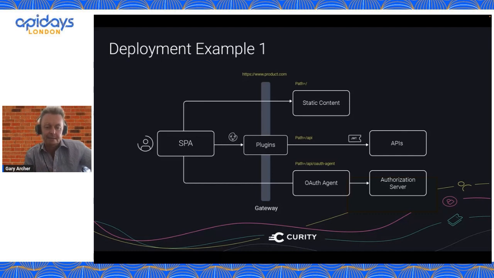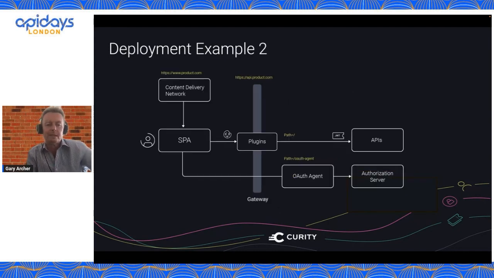So this is one way to deploy the system. It's worth pointing out that your APIs and the authorization server can be hosted anywhere. There's no limitations there. But this is a common deployment option where everything's under the same web domain.